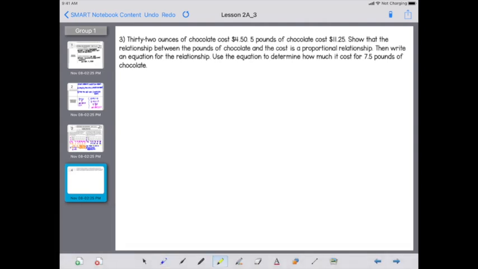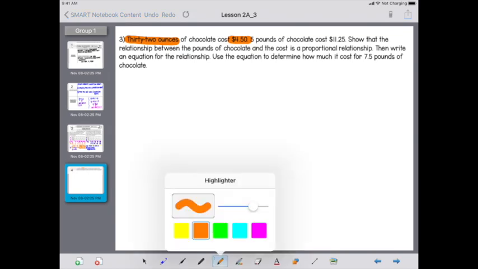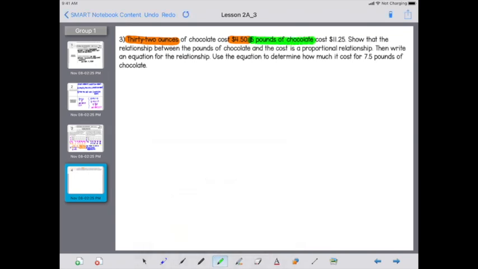Okay, so in number 3, 32 ounces of chocolate costs $4.50. Then we have 5 pounds of chocolate costs $11.25. Show that the relationship between pounds of chocolate and the cost is a proportional relationship.